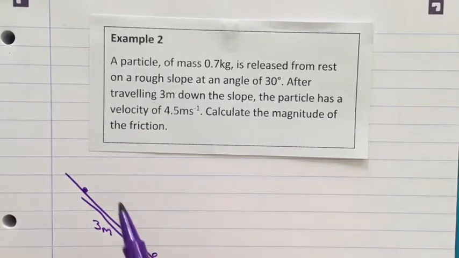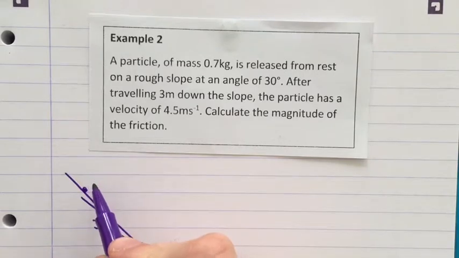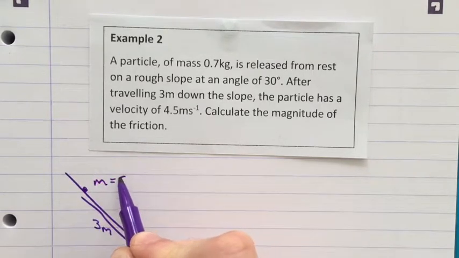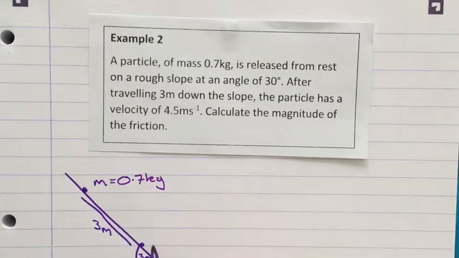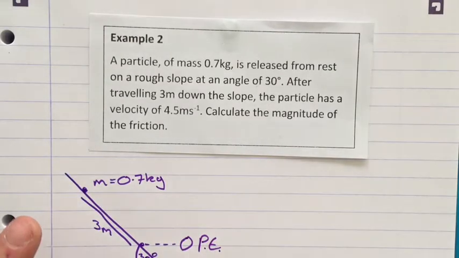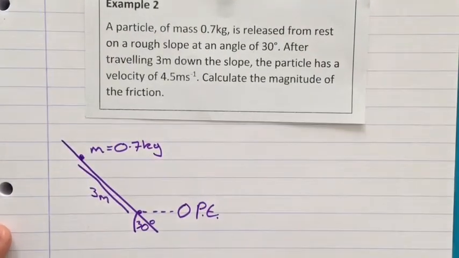The particle has a mass of 0.7 kilograms. As always, start off by defining our zero potential energy. So this line here is my zero potential energy marker. Because we've got a change in height, it's a good idea to work that change in height out early.